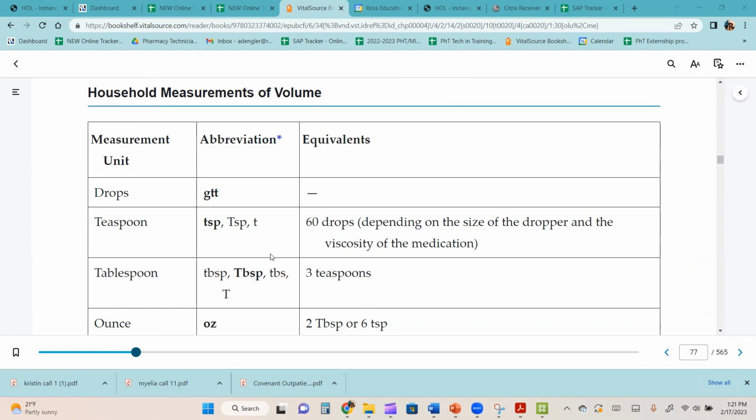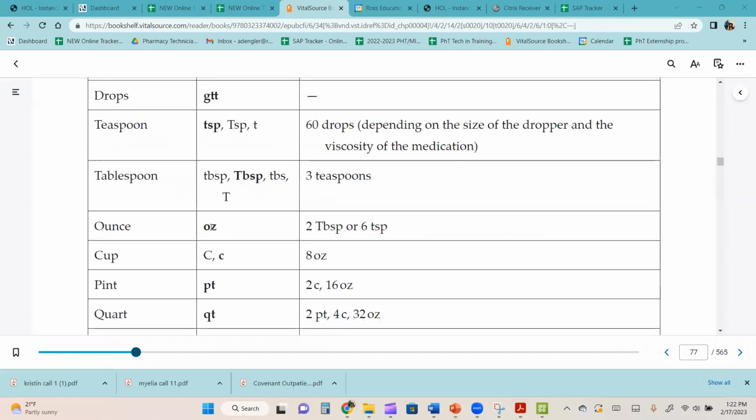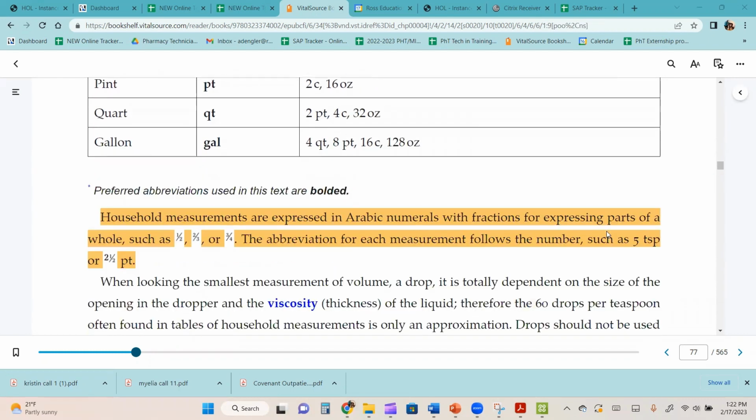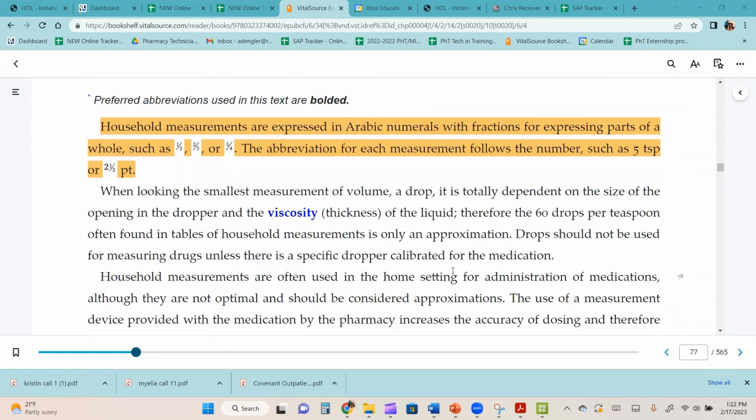Teaspoon is TSP. Tablespoon is TBSP. Ounce, OZ. Cup is C. Pint is PT. Quart is QT. And gallon is GAL. Household measurements are expressed in Arabic numerals with fractions for expressing parts of a whole, such as 1/2, 2/3, or 3/4.